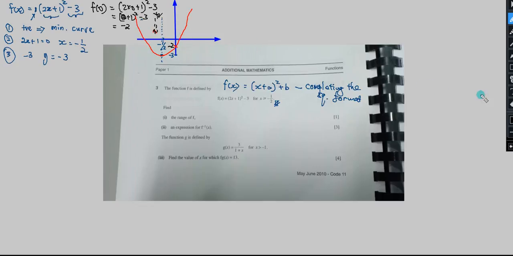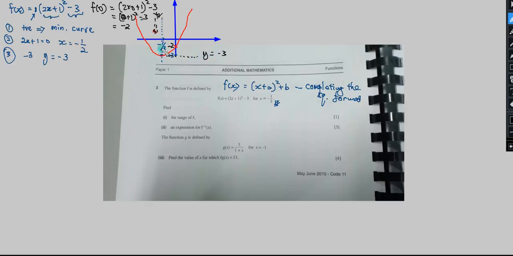You can see that clearly. The graph will never go below this point. It will never go below y equal to minus 3. I mean, the minimum the y value can go is y equal to minus 3.